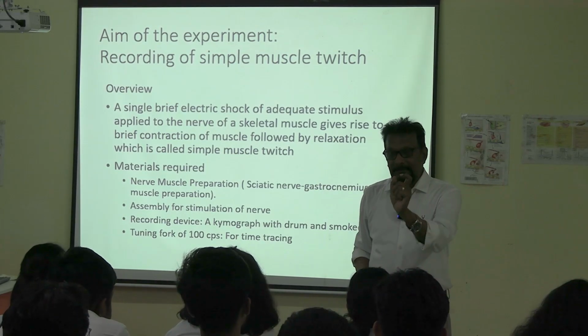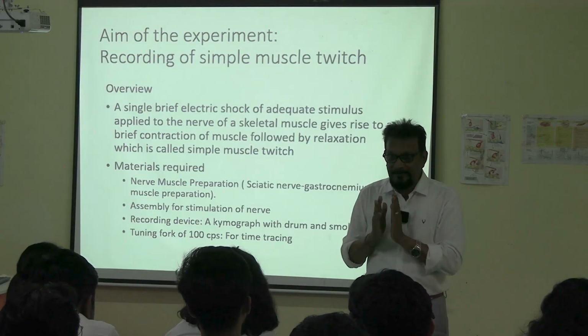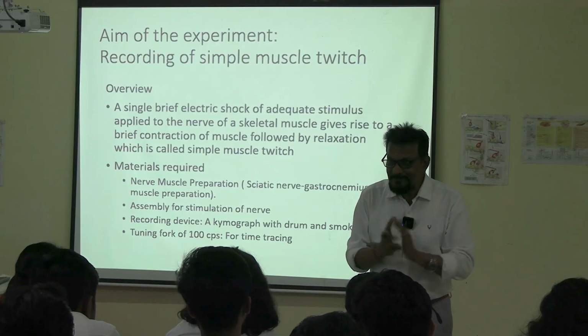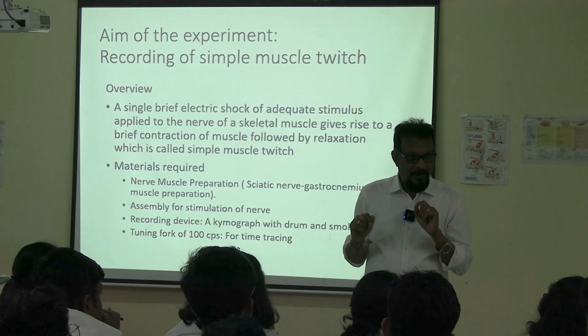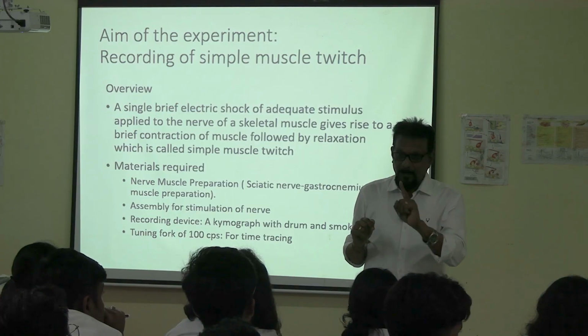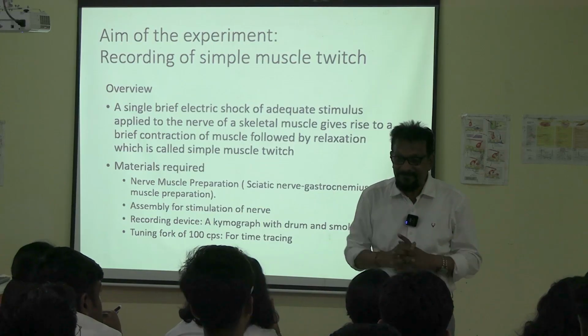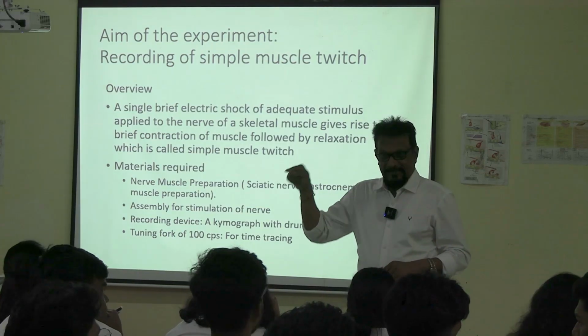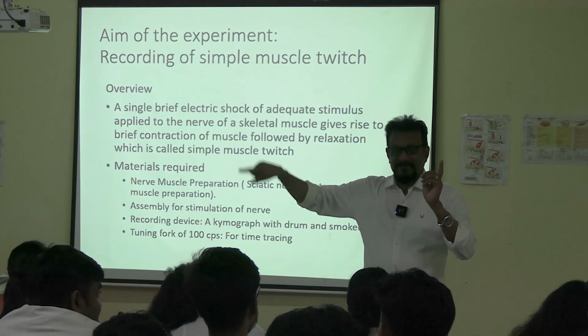So 1 cycle means how much time? 100 cycles means 1 second. 1 second means 60 divided by 100. Then how much does it come to? This will be 0.05. So 1 cycle will get in the tracing.